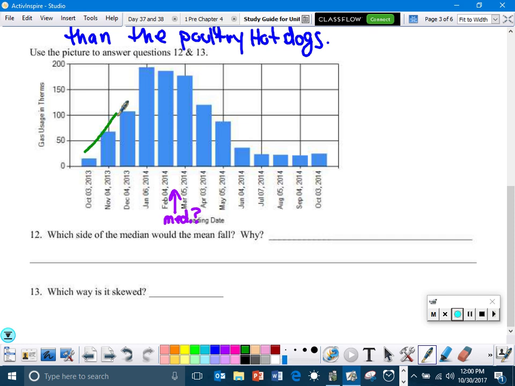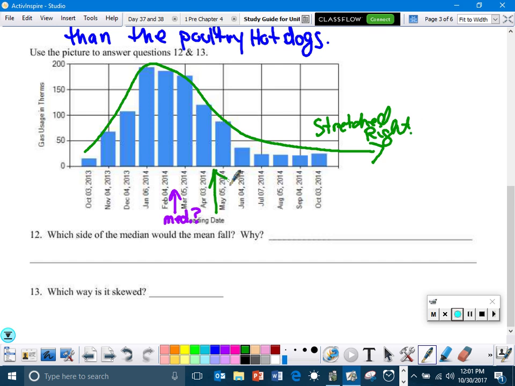If you look at the picture, you will notice it's being stretched to the right. The direction it's being stretched is the direction that the mean is going to get pulled. So that means the mean is going to be somewhere on the right. It doesn't matter where here.